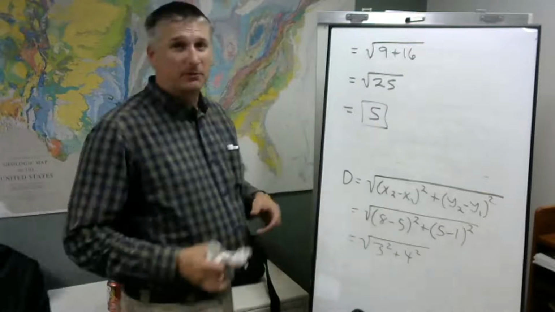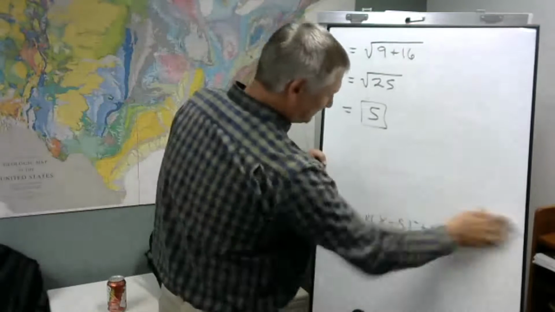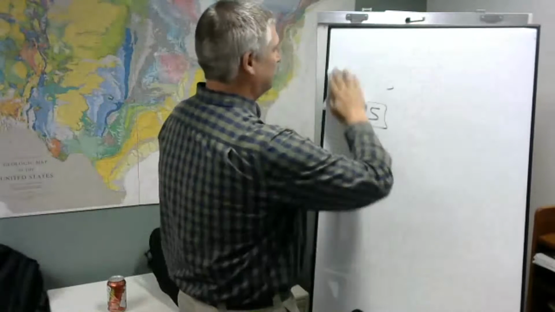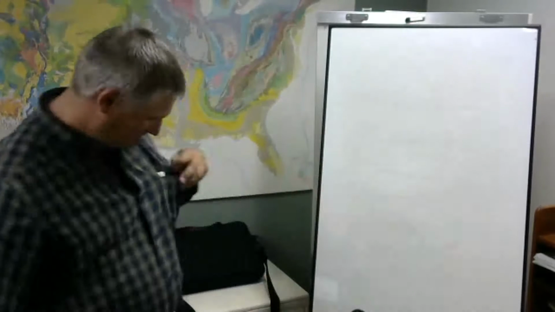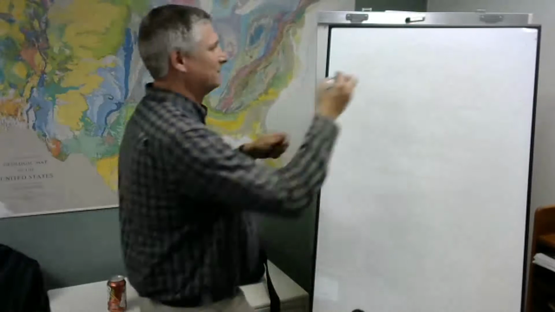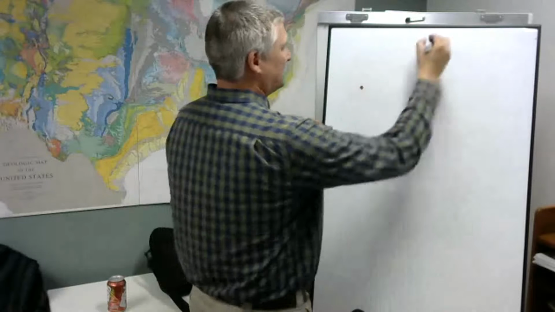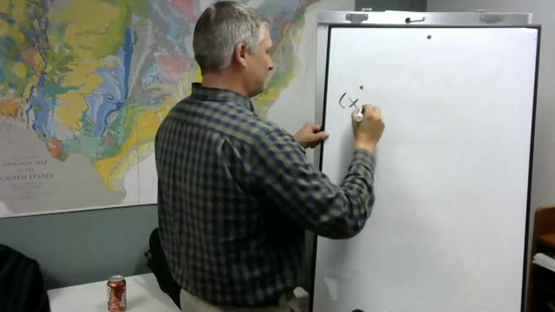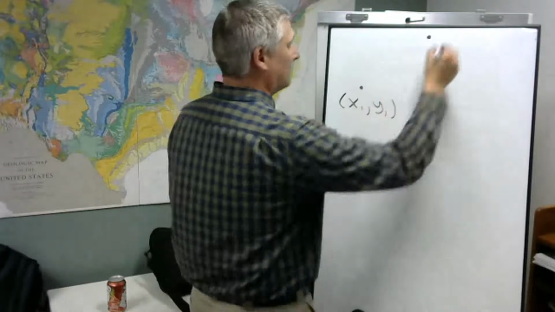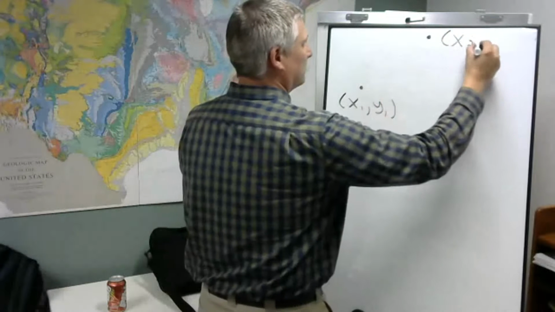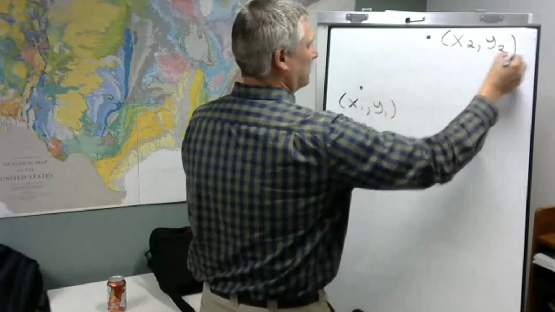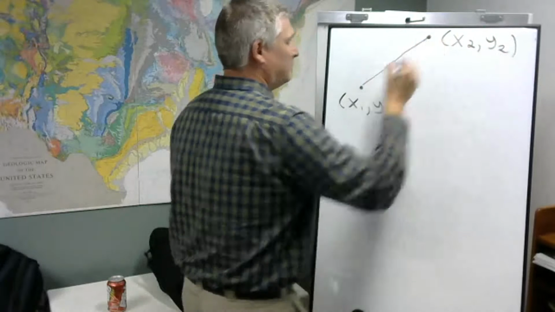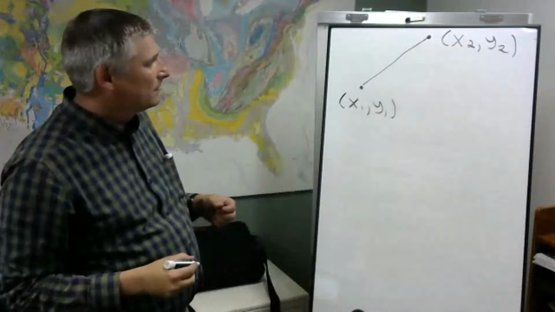Now let's look at the midpoint formula. So suppose again we have 2 points. And we've got some distance between them.